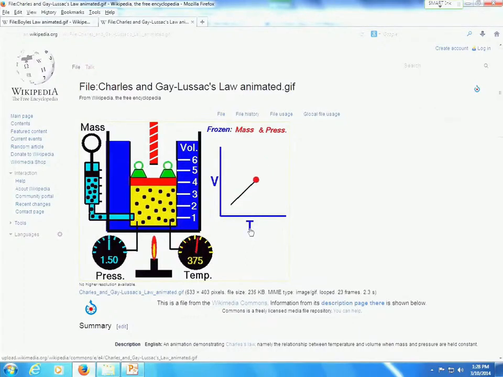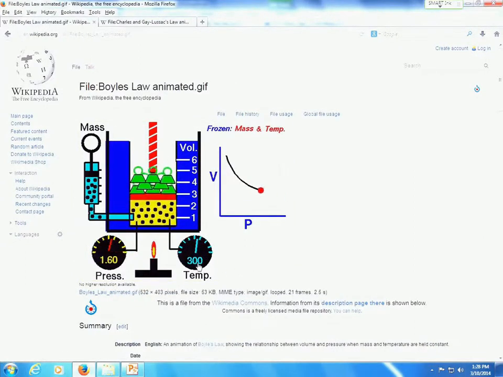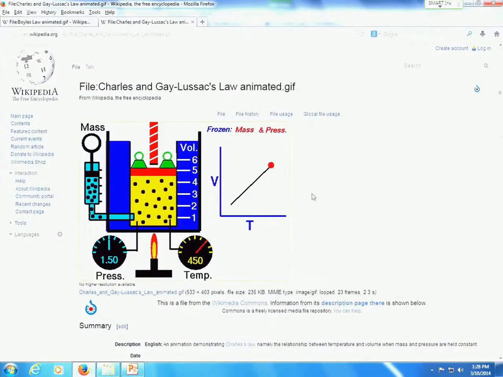They're directly proportional. All right, so we've got Boyle's law, where we were able to hold our temperature but change our pressure, and that changed our volume, or Charles' law, where we're looking at the relationship between volume and temperature.